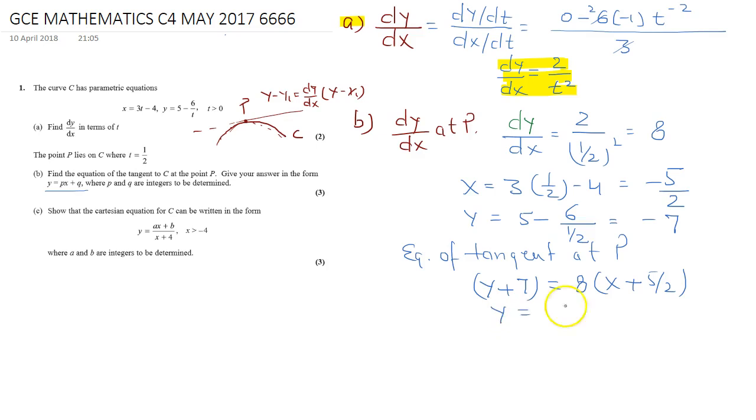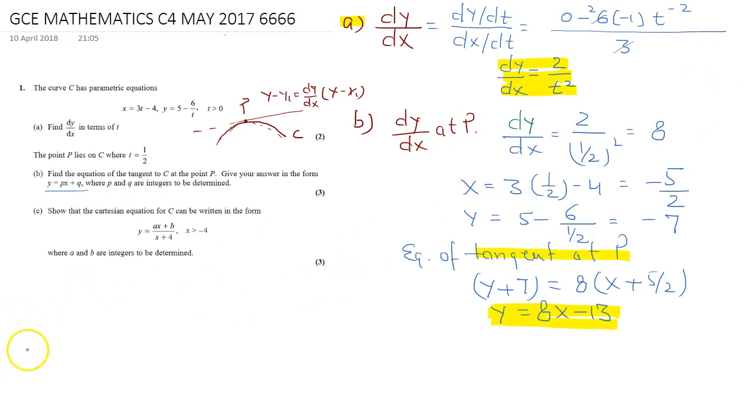So y is equal to 8x plus 4 times 5, that is 20, minus 7, which is 13. So the equation of the tangent at P is y equals 8x plus 13, where p is equal to 8 and q is equal to 13. That is part B.